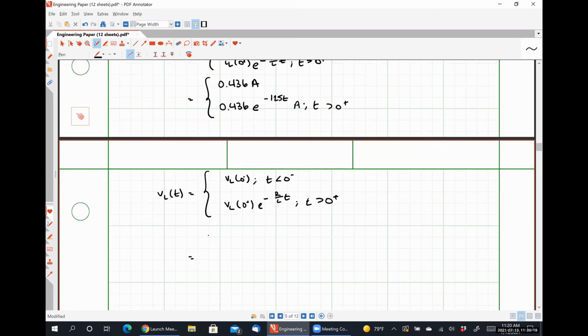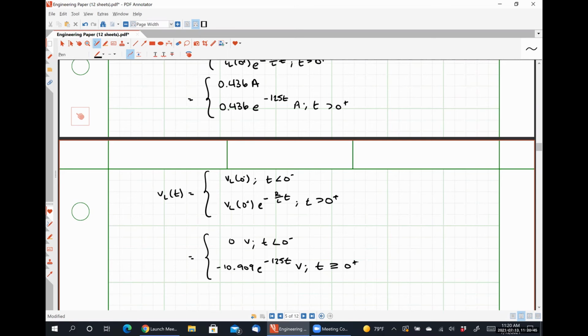So that's going to look like 0 volts for t less than 0 minus, and negative 10.909 e to the minus 125 t volts for t greater than or equal to 0 plus.